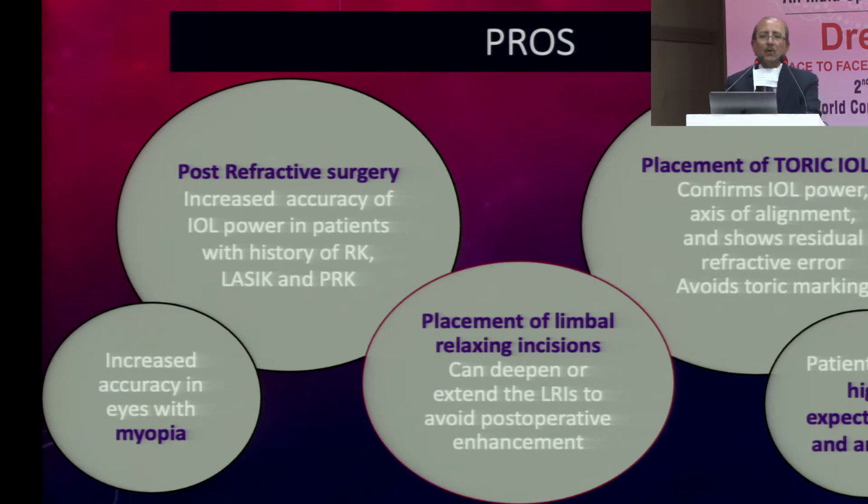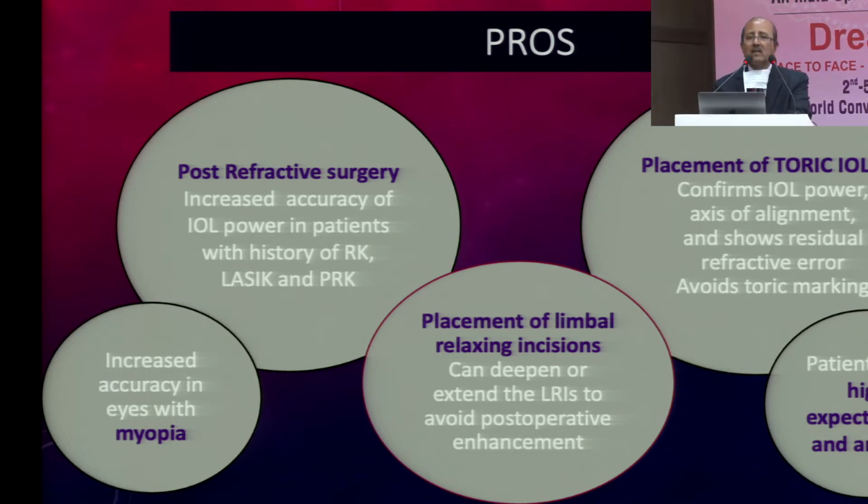There are some pros: this is found to be much better and much more accurate, particularly for IOL power calculations where there is a history of radial keratotomy, LASIK and PRK, particularly RK among the refractive procedures. Another is placement of the toric IOL.